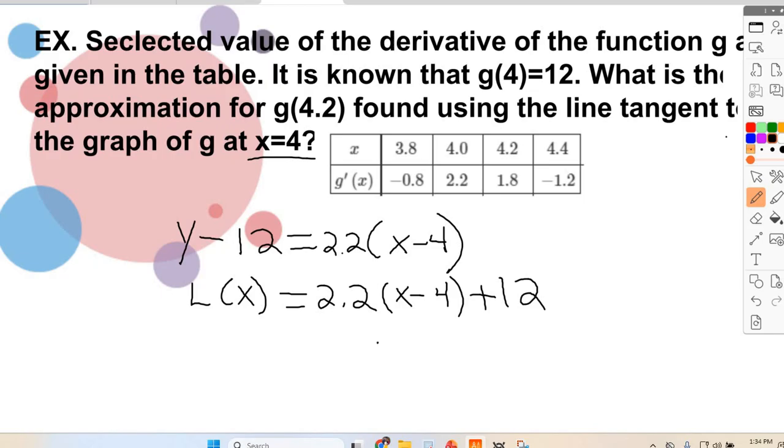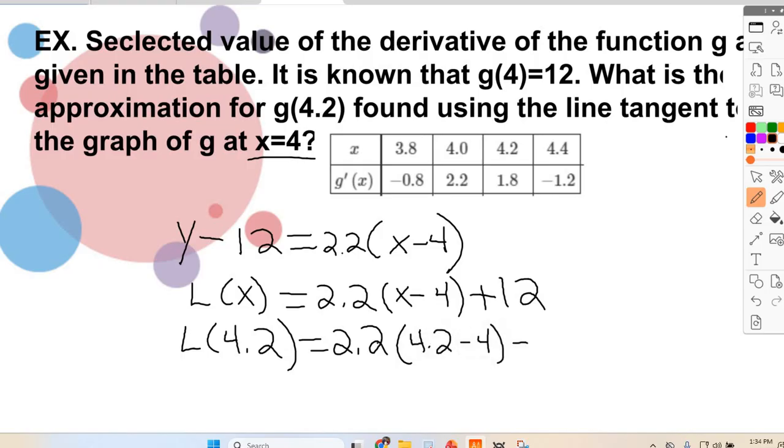So then what are we approximating? 4.2. So we're just going to plug in 4.2. So what is 4.2 minus 4? 0.2. What is 2.2 times 0.2? Ideas?